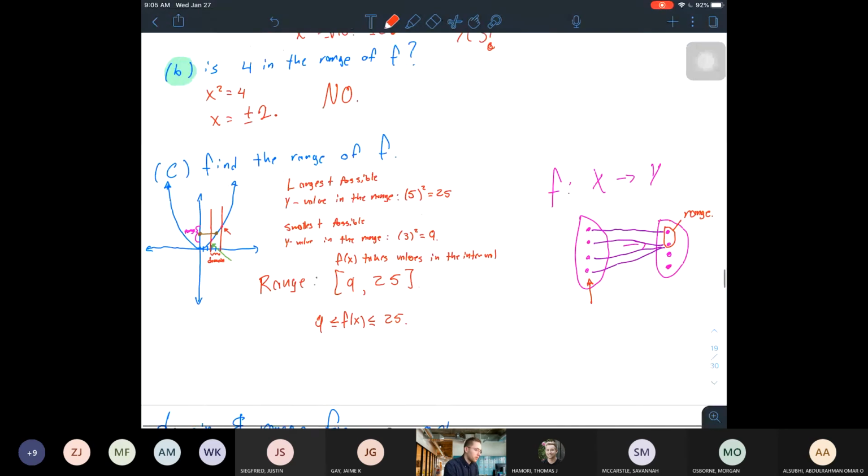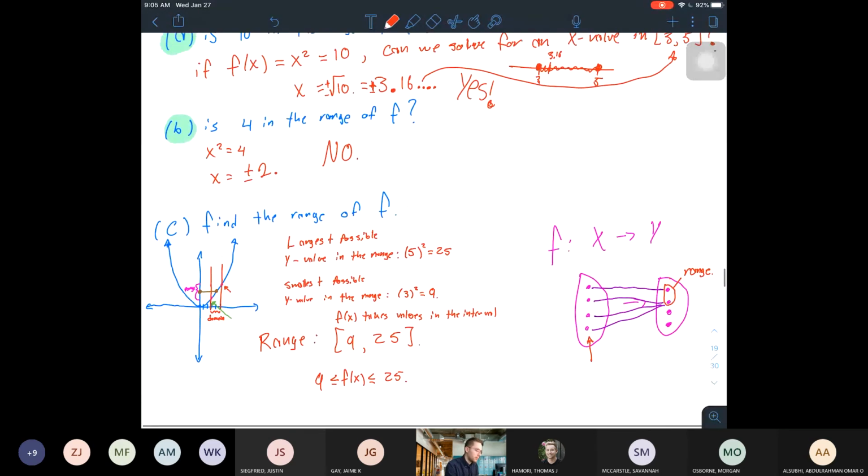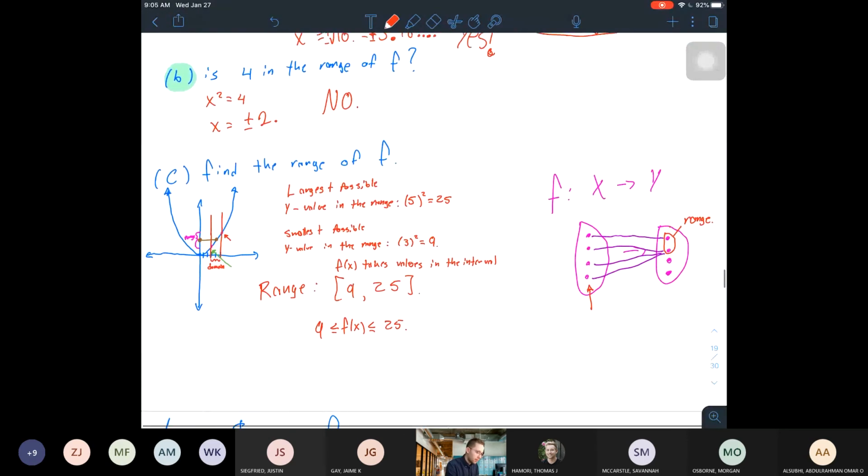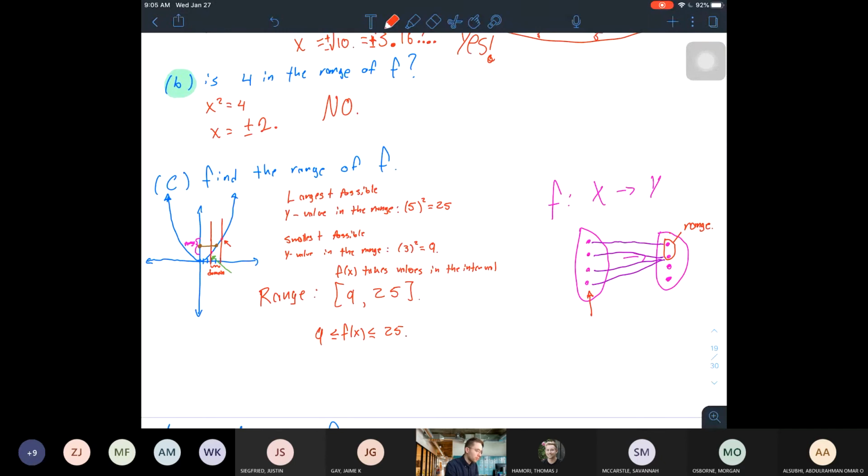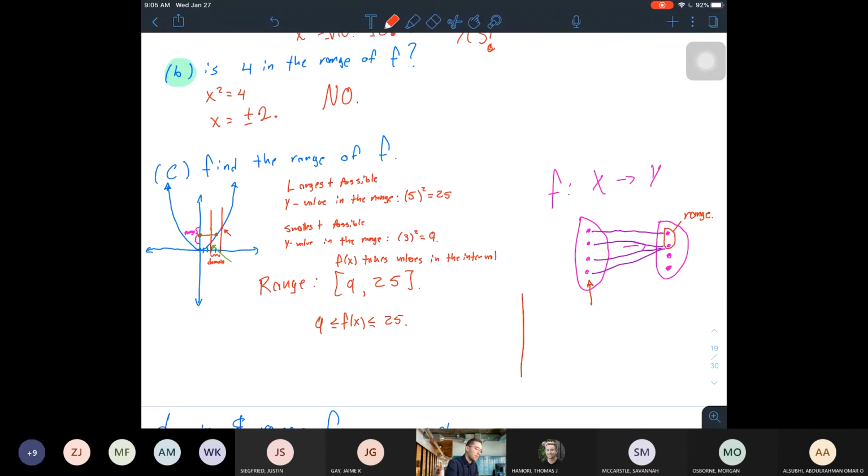So you don't necessarily have to use interval notation, but what you can't do for a problem like this is make a table of x and f of x and list all the possible points, because there are infinitely many of them.